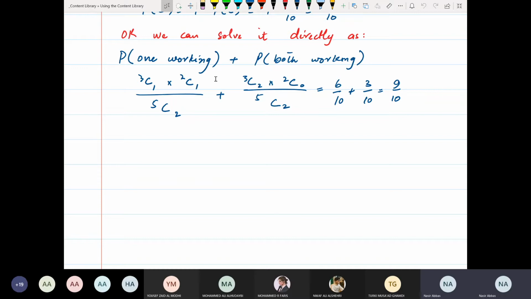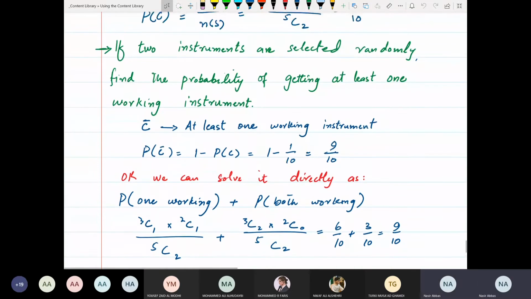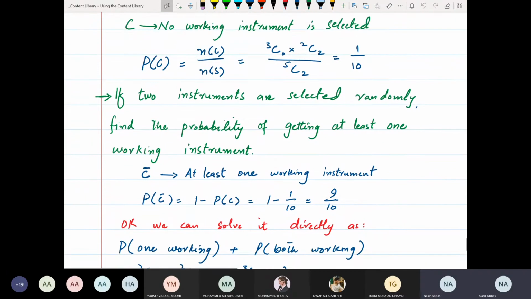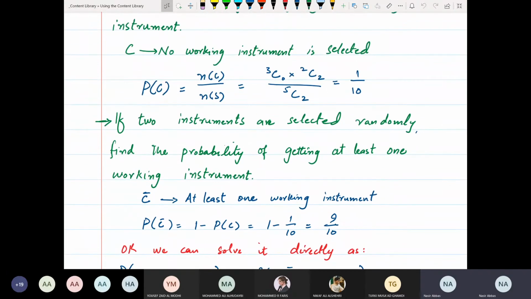Until this point, we have not talked about being interested in more than one event. Whether you talk about a single selection or more than one selection, you are interested in a single event. In every question, you are interested in a single event.